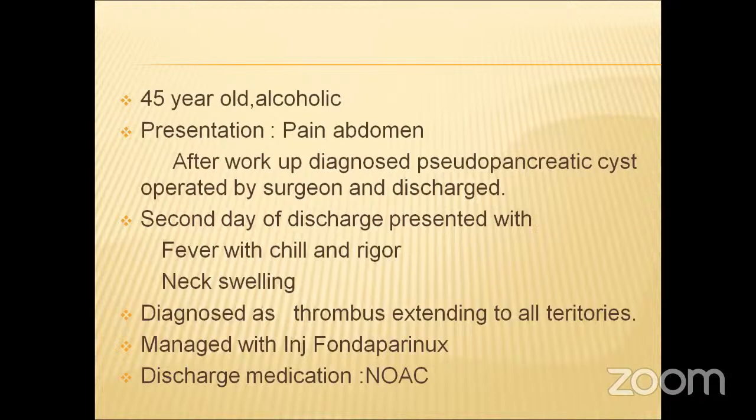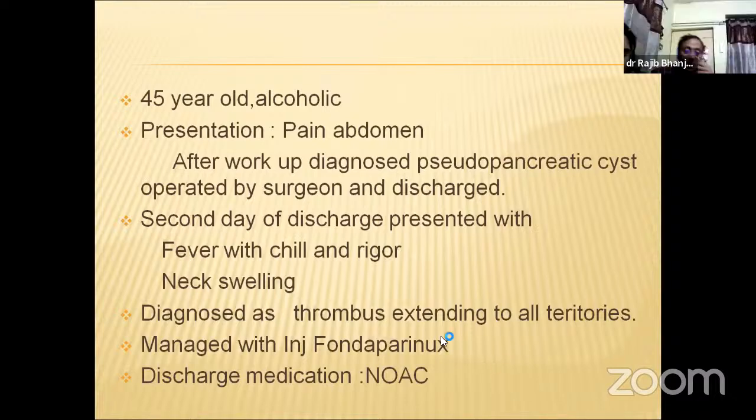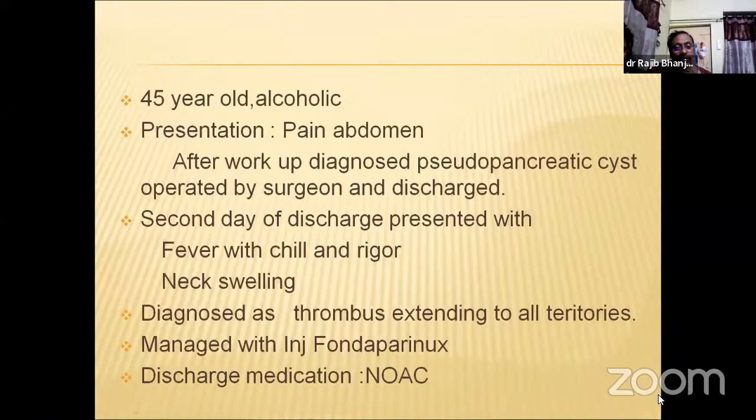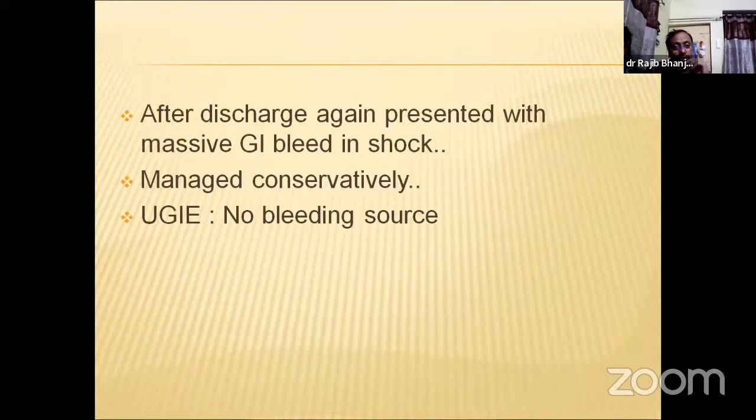On the second to third day after discharge, the patient complained of fever with chill and rigor. On examination, the patient's neck was swollen. We immediately did a Doppler, which showed a thrombus defect in the internal jugular vein, extending to all territories.